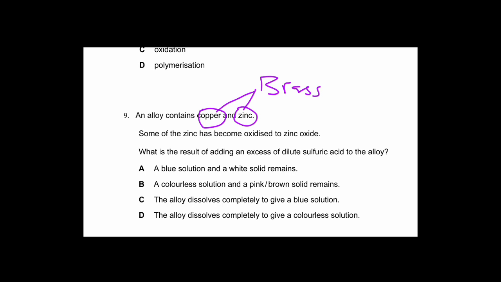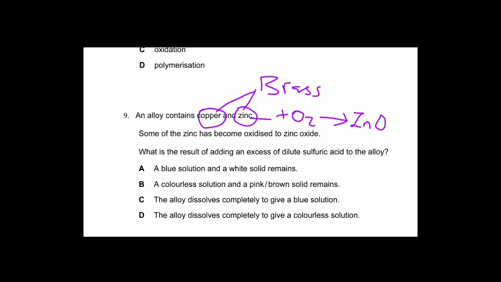From this mixture of copper and zinc, we have zinc reacting with oxygen to form zinc oxide. We are analyzing the question. What is the result of adding an excess of dilute sulfuric acid to the alloy?